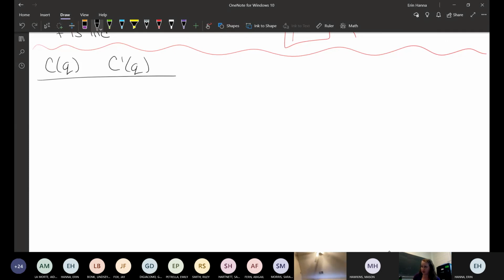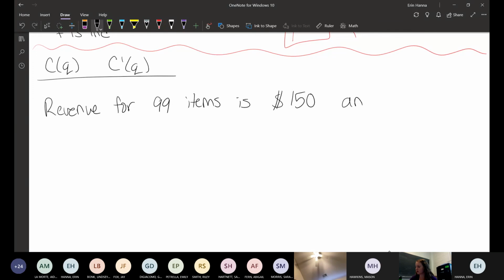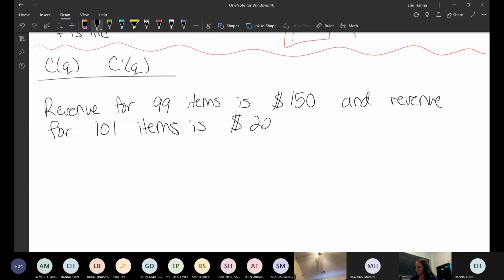So say I tell you that, let me just do it in brief notation, revenue for 100 items, no, let's say 99, is, I don't know, 150, and revenue for 101 items is, I don't know, 220.